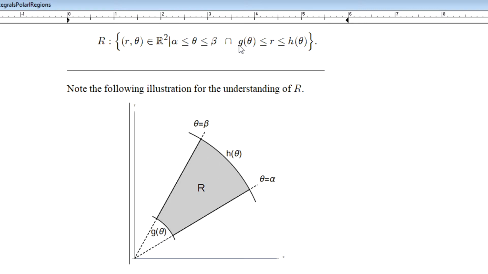And it forms between radial measurements from the origin between these polar functions of theta.